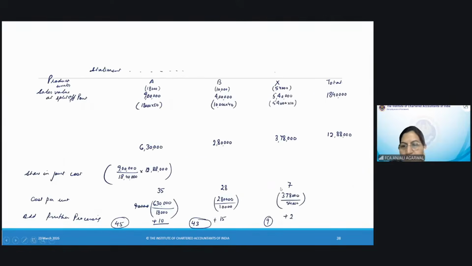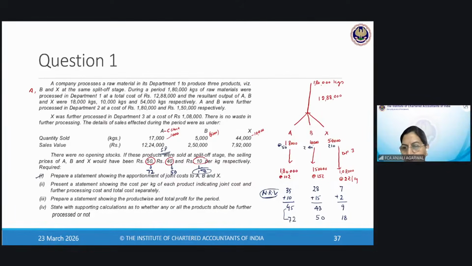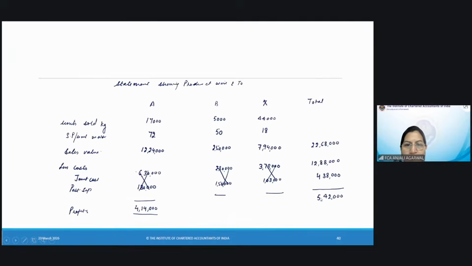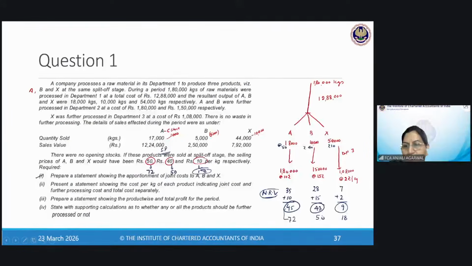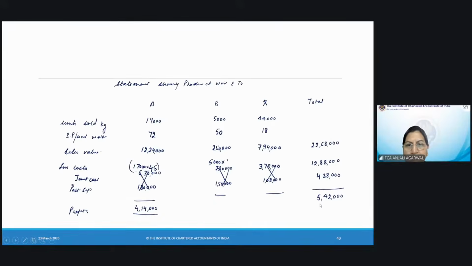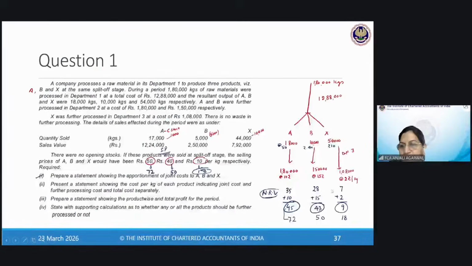We will use the total cost per unit, which is 45 for A, 43 for B, and 9 for C. So 45 for A, so 17,000 into 45, 5,000 into 43, and 44,000 into 9.